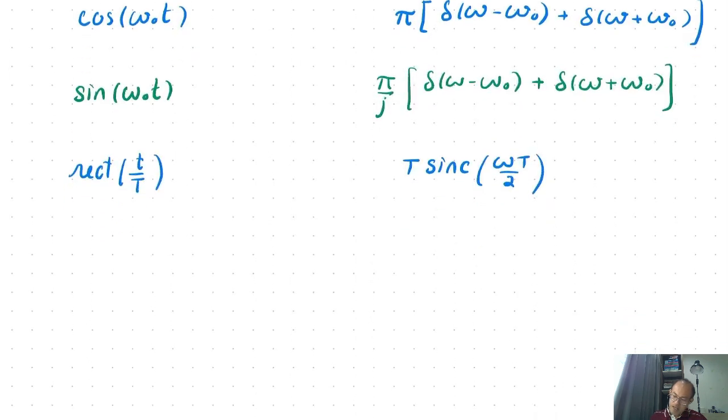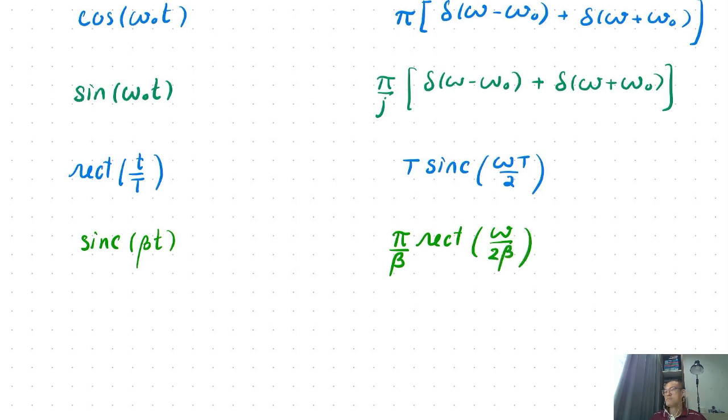And we know that if we use duality, then sinc beta t has the Fourier transform of pi over beta rectangular omega over 2 beta.